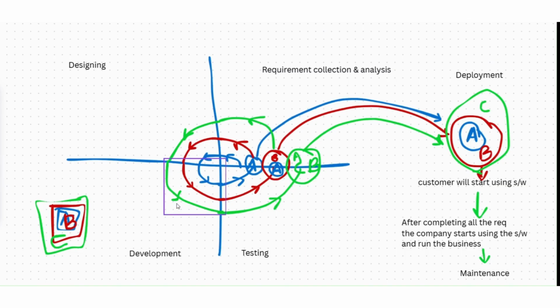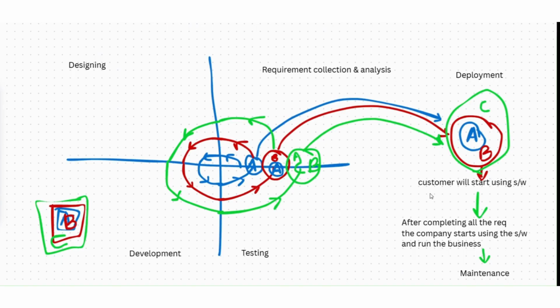After that, for the development, for writing the code of module C, the developer copies the code which consists of module A and module B and adds the code of module C in it. Now, after the development, testing of the software which consists of module A, module B, and module C is done, and the software is deployed to the customer, and the customer will start using the software.